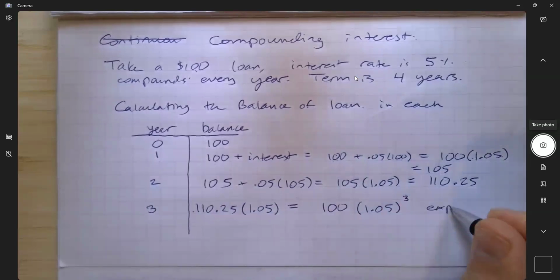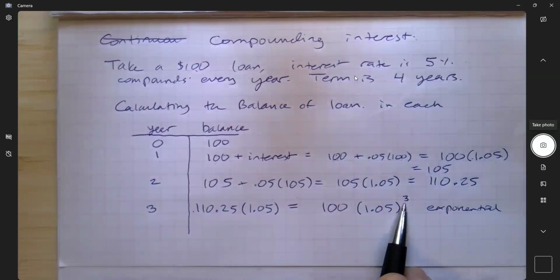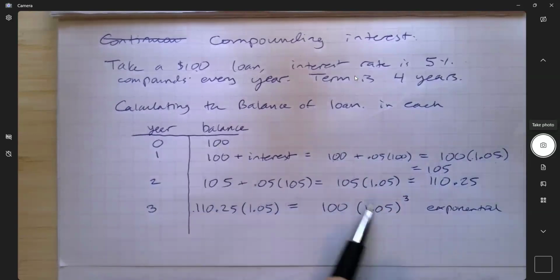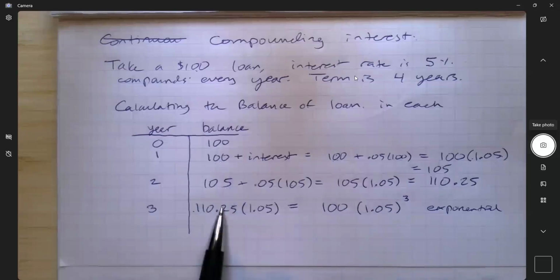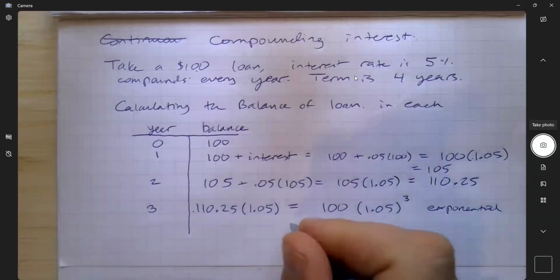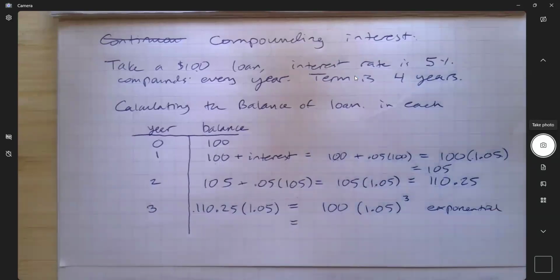And this is my exponential growth. I'm taking my original balance, and every year I multiply it by 1.05. So by the third year, I've multiplied it by 1.05 3 times, which is, according to Desmos, 115.7625.